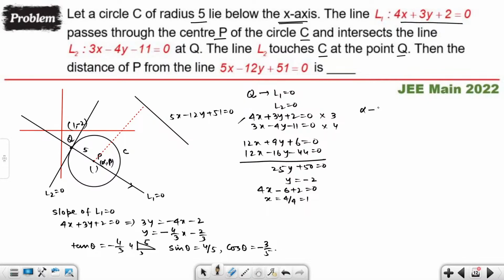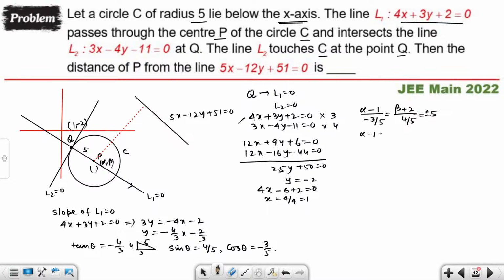It's alpha minus 1 over cos theta equals beta plus 2 by sine theta, which is 4 over 5. This equals r, which is nothing but 5. Rather, it should be plus minus 5. This I have already explained in the straight line chapter, why I am giving the plus minus sign there.